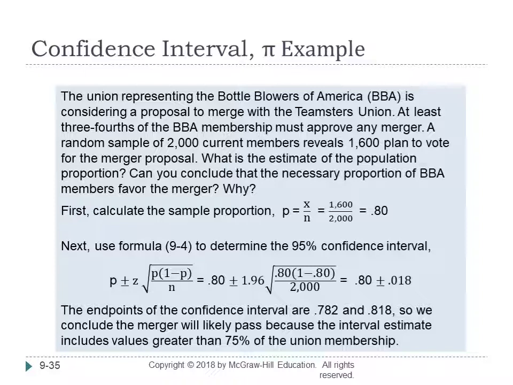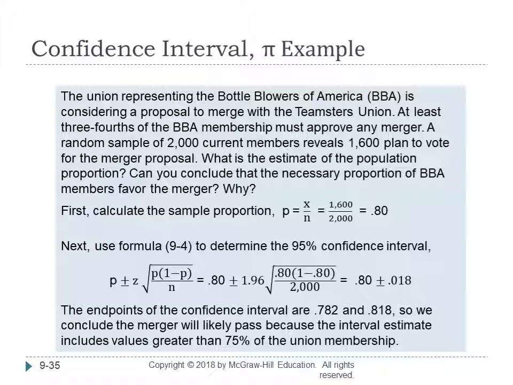Here is an example. The Union representing the Bottle Blowers of America, or BBA, is considering a proposal to merge with the Teamster Union, another organization. At least 3/4, 75%, of the BBA members must approve any merger. Of course it's difficult to check with all the members.